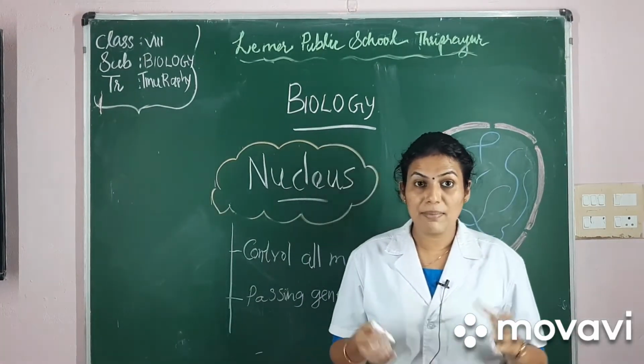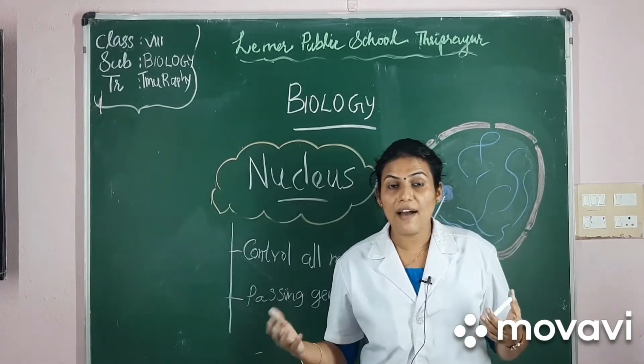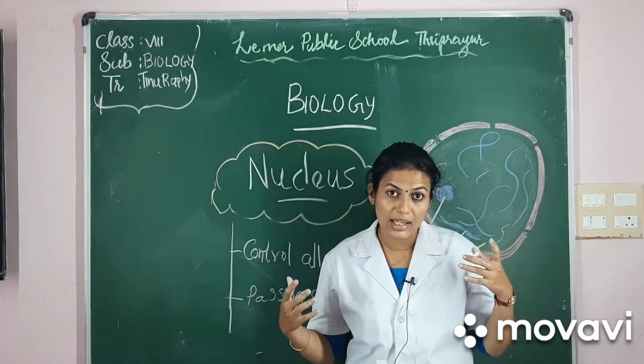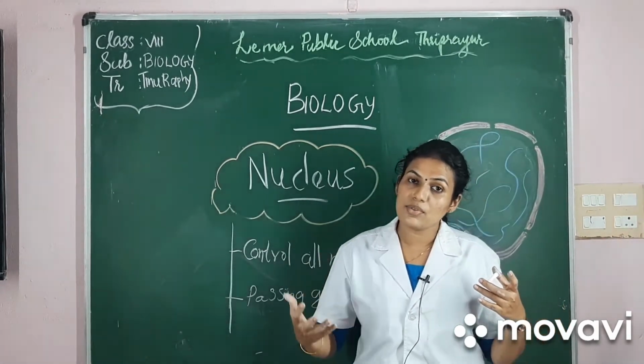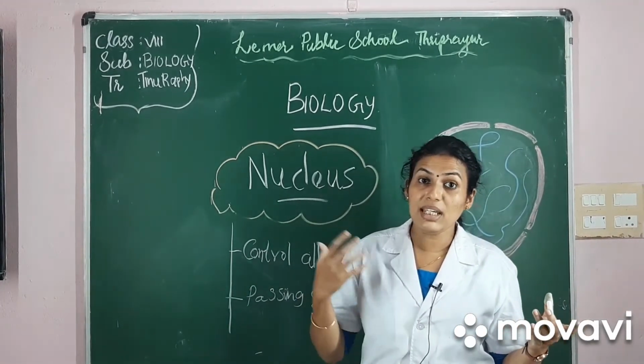For example, if a man has brown eyes, his son or daughter may have brown eyes. And likewise, if a woman has curly hair, there is a chance of her son or daughter getting curly hair. So likewise, the characters can be inherited.